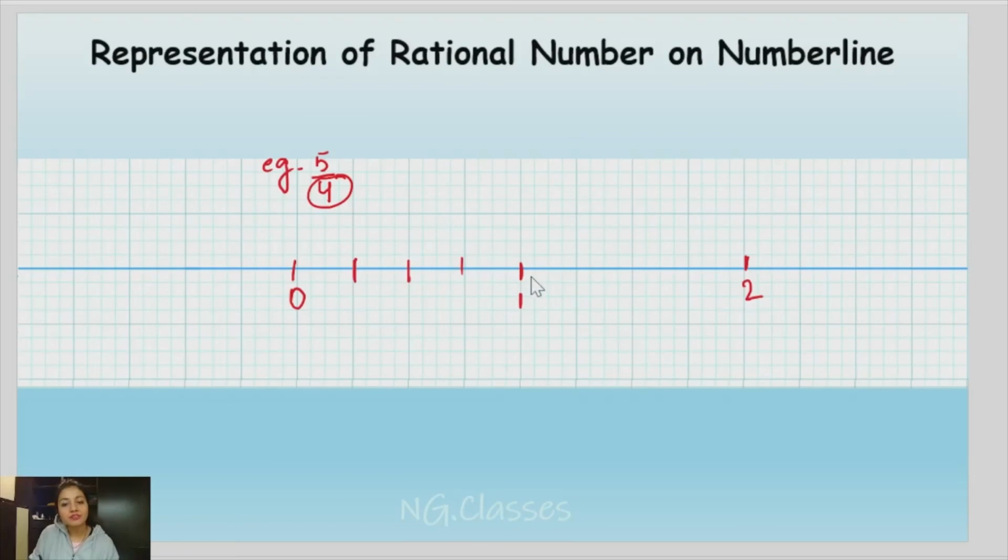Similarly, we'll divide from 1 to 2 in 4 equal parts. Since I have divided it in 4 equal parts, the first one will be 1 by 4, second one will be 2 by 4, third one will be 3 by 4, and the fourth one will be 4 by 4, which means 1 only.